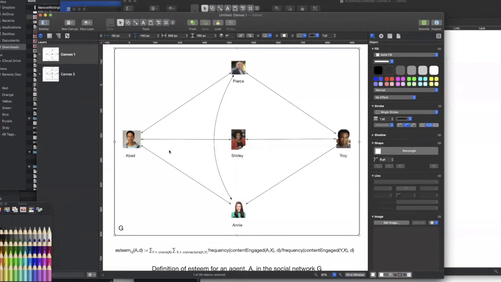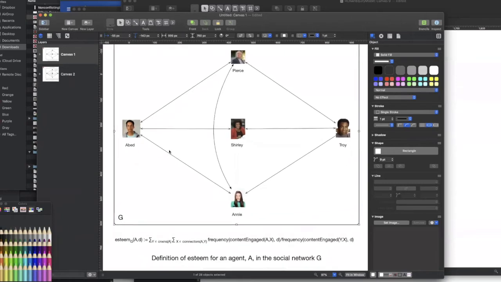What we want to do is calculate the relative esteem. So for example, in what esteem does this sub-community of the whole graph hold Abed versus Pierce? Does that make sense?